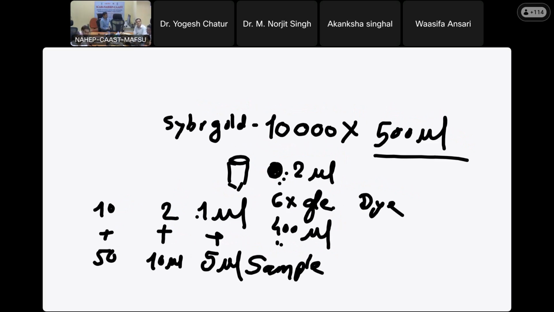Use 6x dye. You can make your own dye. Why purchase? You can have xylene cyanol and glycerol or polyethylene glycol, water and TE buffer, and that is your loading dye. Loading dye is not something amazing.